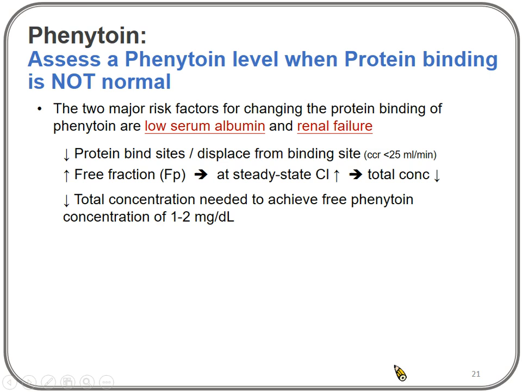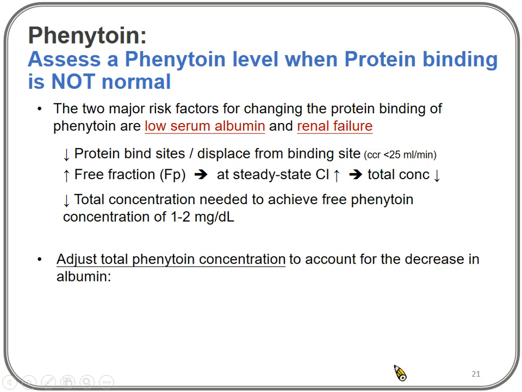So the patient might still be therapeutic according to the free phenytoin concentration, but present as subtherapeutic in the measured total concentration because of these changes. So if you know this fact, you can protect your patient from getting an overdose by just checking the total concentration and thinking the patient is subtherapeutic.